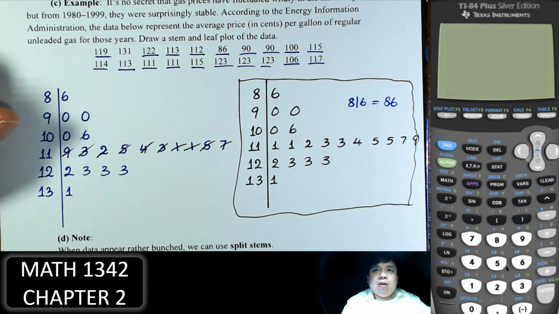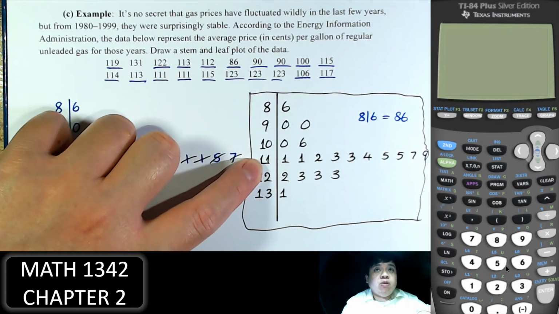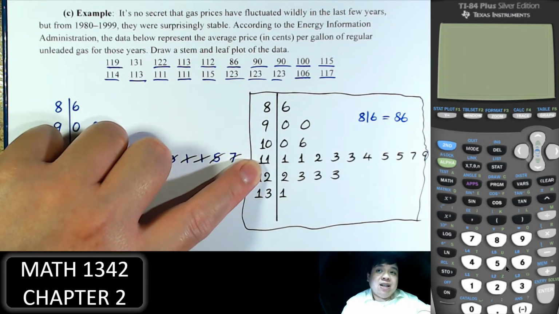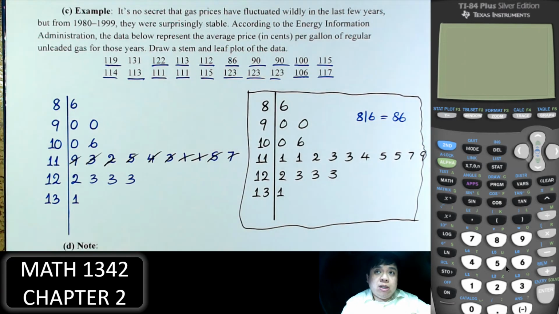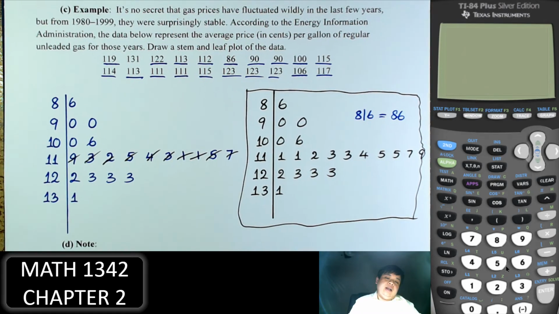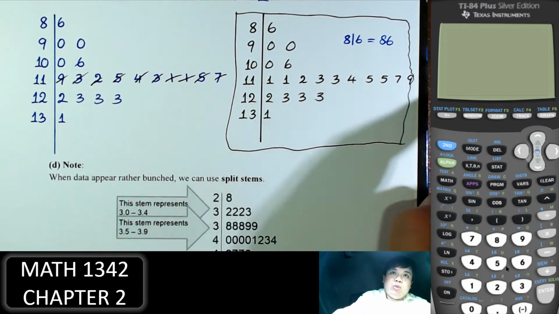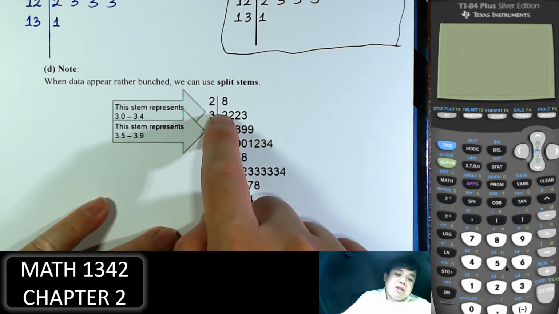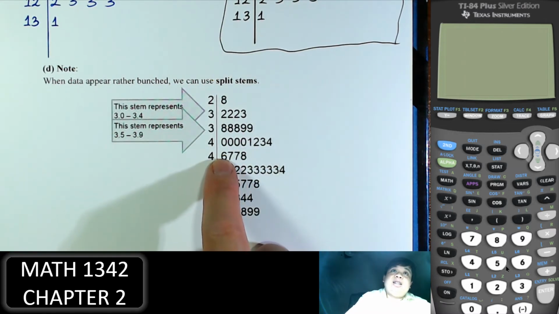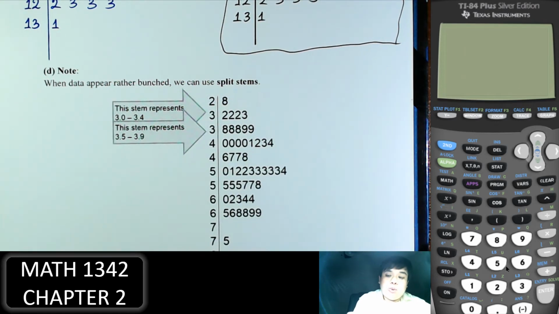The thing about this is, when we look at it, we know the distribution, so we can say most of them are in the 110s. Next, if a stem has too many leaves, we just chop it into two different stems. Like in this case, if there are too many numbers in the 3s, we have to split it into two.